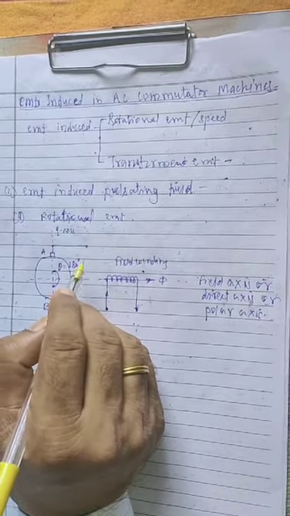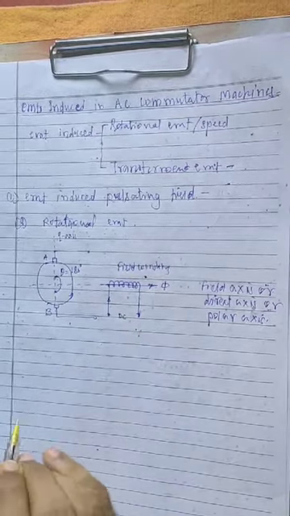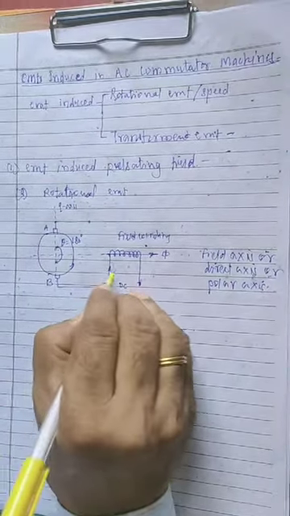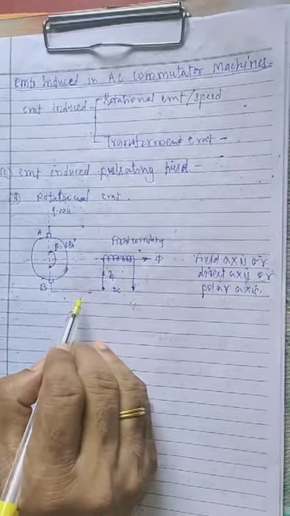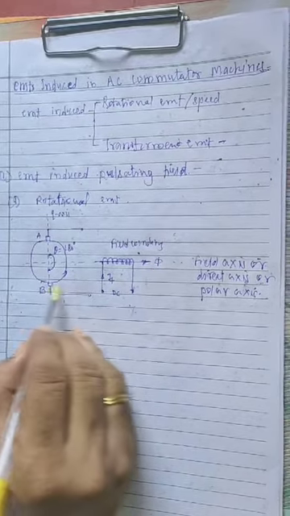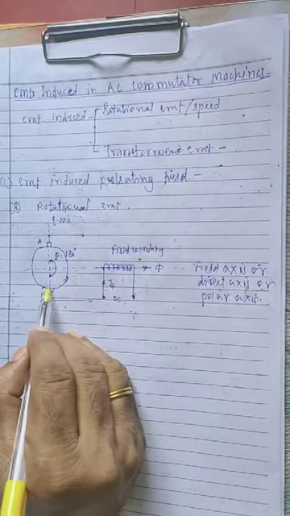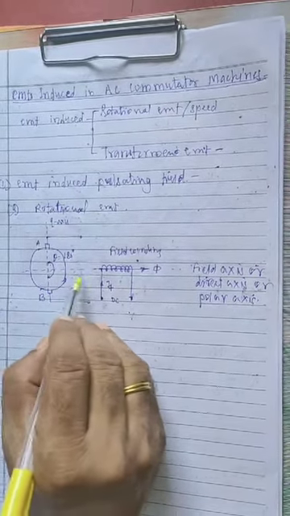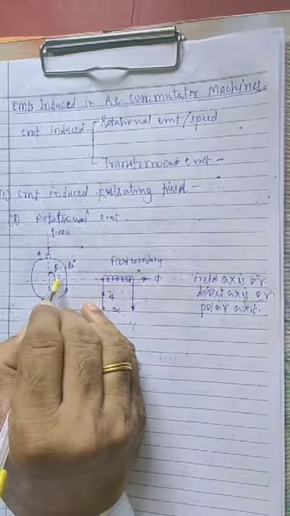Now the field is connected across the DC supply. This is the field current. So when the armature rotates in the field flux, mechanical power is given to the armature, and when it rotates in the magnetic field, it generates EMF.